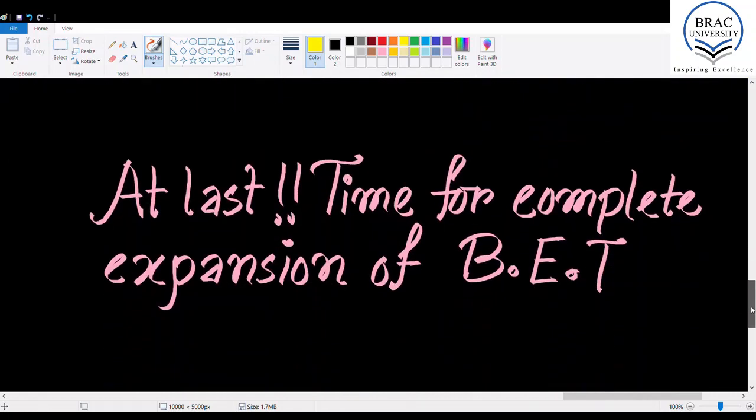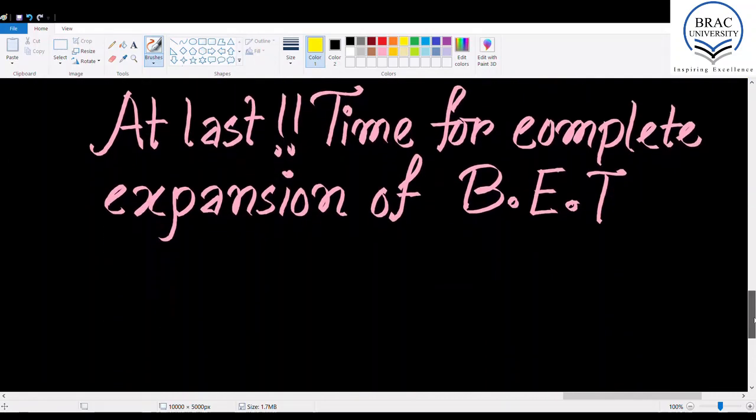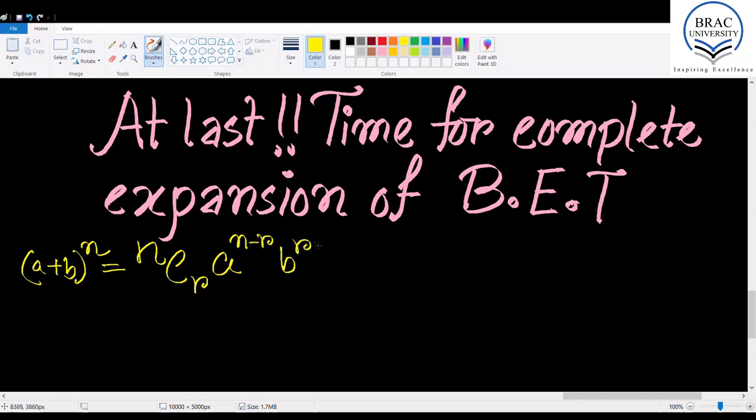So at last, it is time for the complete binomial expansion theorem. Say this is the binomial expression. At first, the first term will be of the form nCr a to the power n minus r b to the power r. We know that we can choose 0 b's at first.